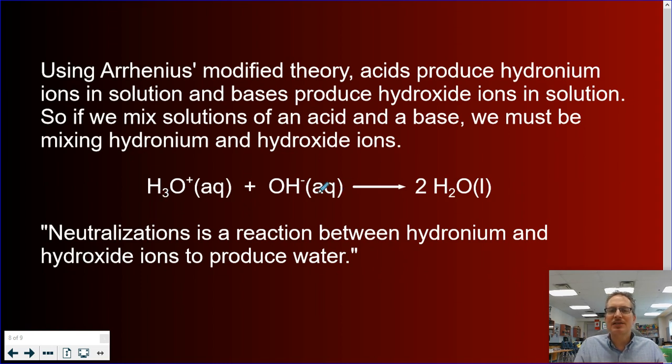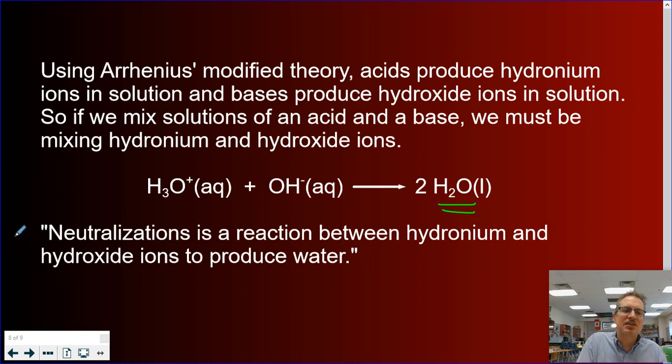In sodium hydroxide, our sodium ion is still floating around. However, I could almost think of them like a spectator ion because they're not the most important thing happening in the reaction. It's this interaction between the acidic property of an acid and the basic property of a base, the hydronium and the hydroxide, that allows us to produce this water.